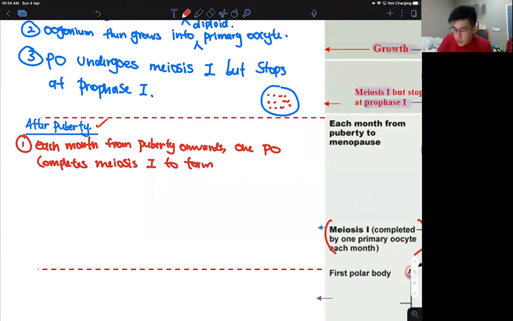So now meiosis 1 is done. That's why after meiosis 1, remember the chromosome number will become half already. So to form haploid secondary oocyte. Sorry, I just wrote a short form here.